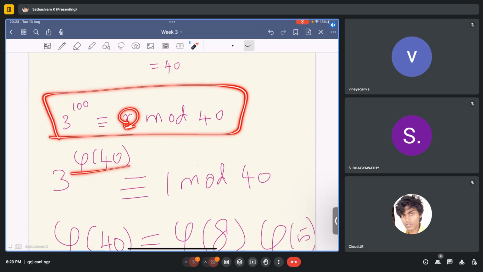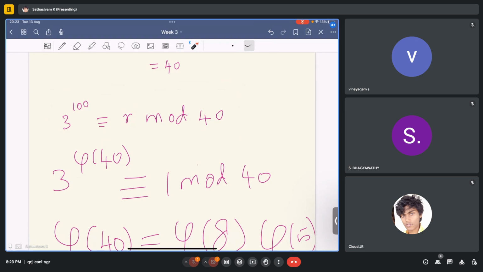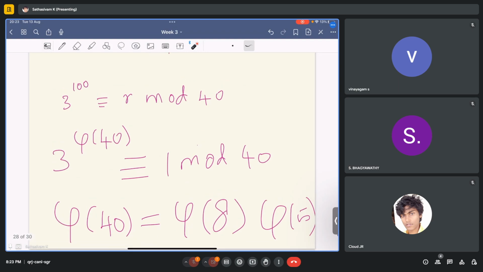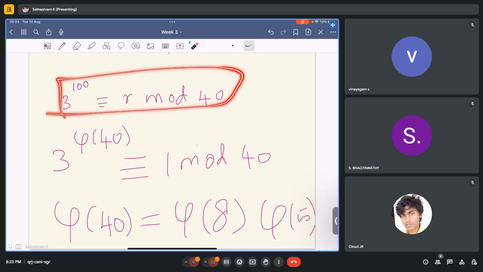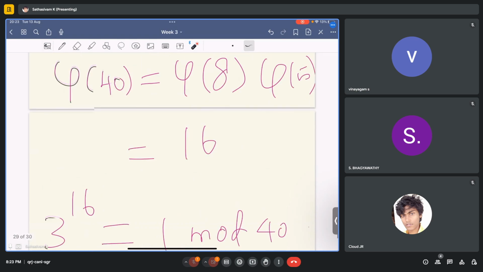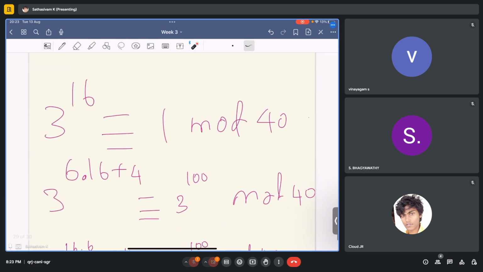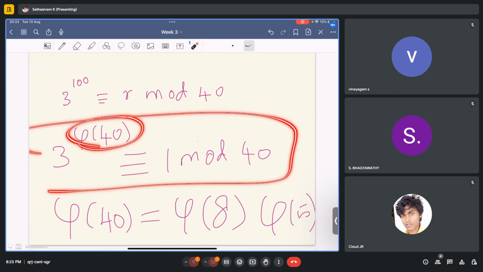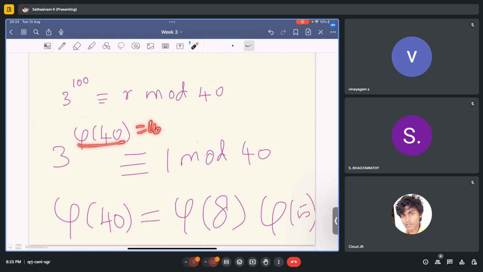Okay. Now do the same thing again here. This 100 you divide by 40 plus whatever the remainder comes, that 3 power r has to be here. Okay. So this we have, but we need to find this particular r. If you look, phi of 40 is actually equal to 16.